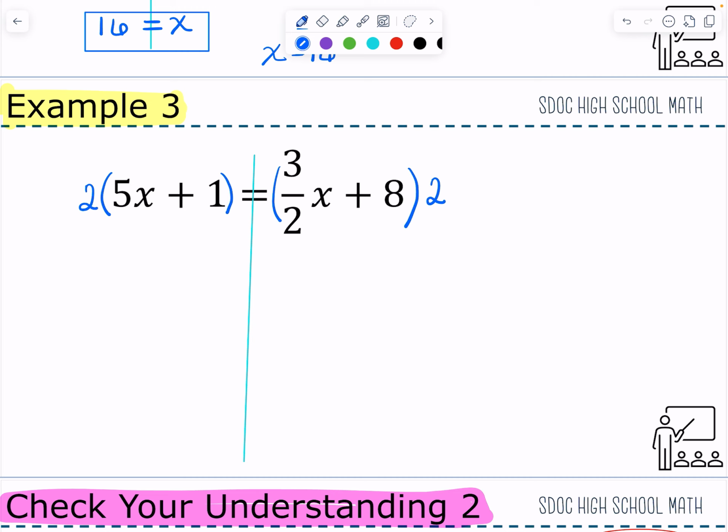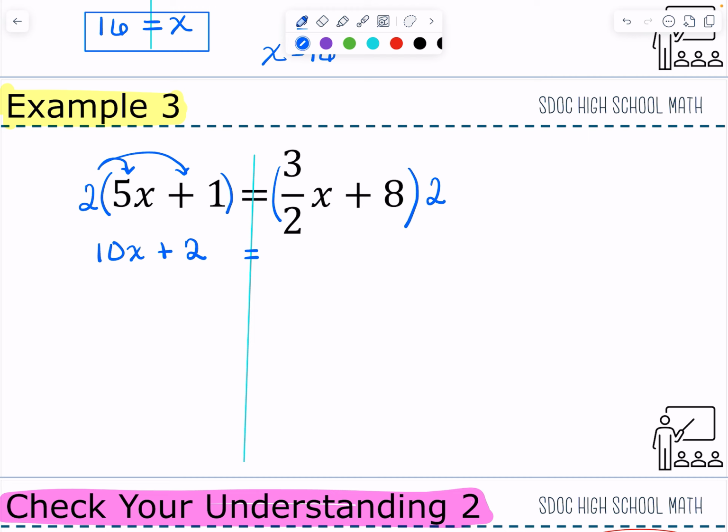Okay? So now let's go ahead and do some distribution. 2 times 5x is 10x. 2 times positive 1 is positive 2 equals. Okay, little tricky here, but stick with me on this one.